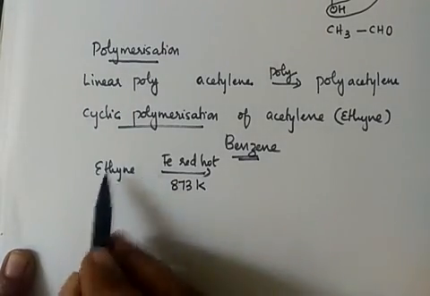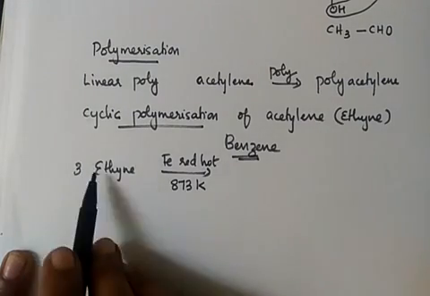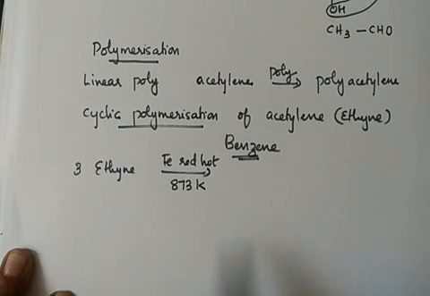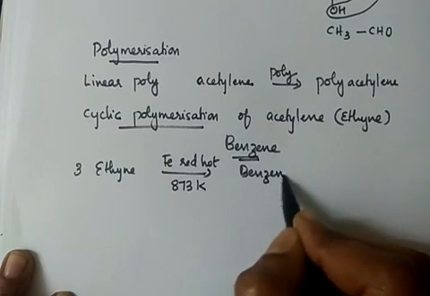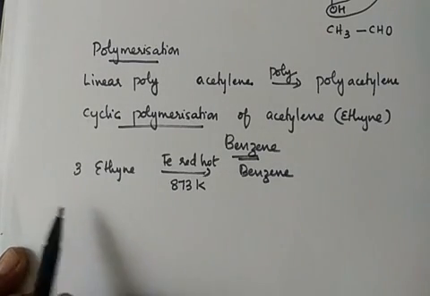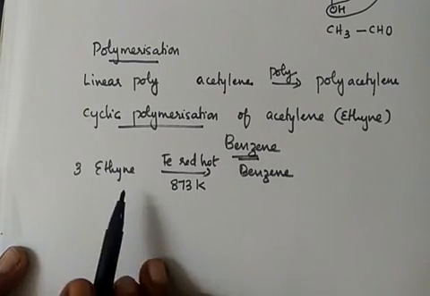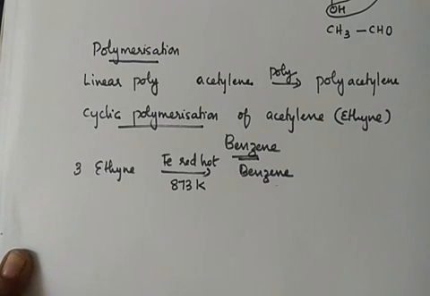Then 3 molecules of ethyne are used, and this ethyne undergoes cyclic polymerization and forms benzene. So this is the method of preparation of benzene. It is an important property of alkyne or ethyne, and it is a very important method of preparation of benzene. Benzene is usually prepared by this method.